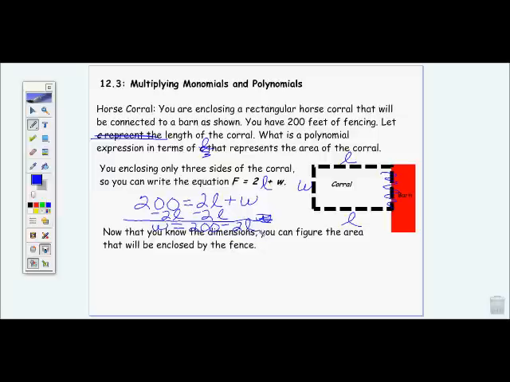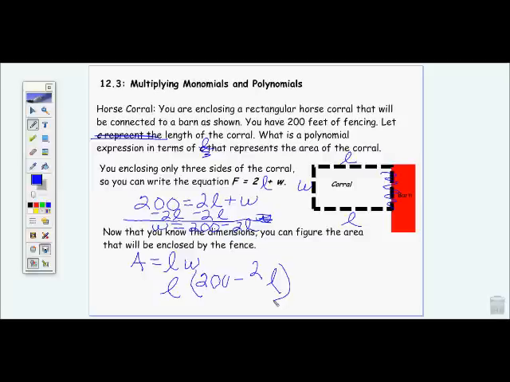Okay, so now I have just one variable, and I can use that to do my area, which is length times width. So the area is going to be the length, which we don't know, times the width, which we know is 200 minus 2L. Sorry about that, a little problem with the calibration.